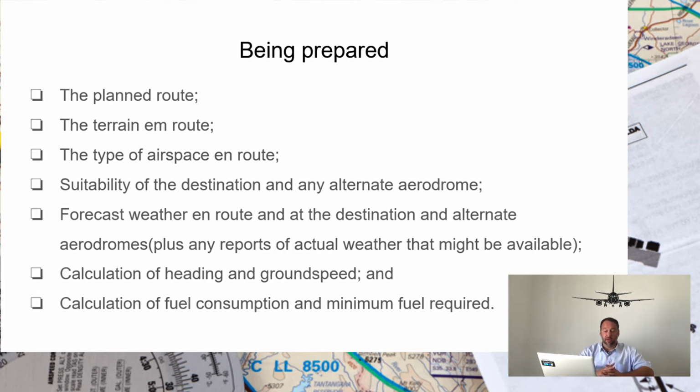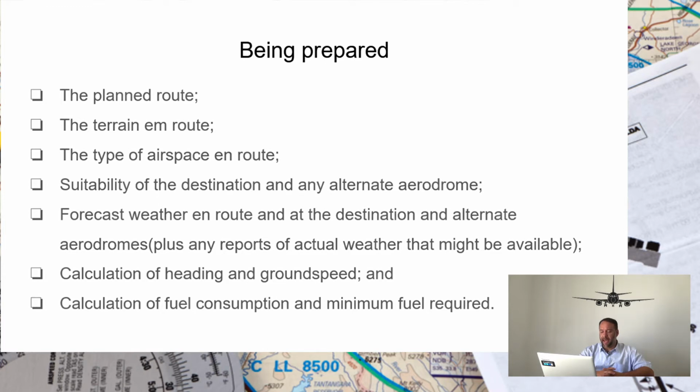Forecast weather en route and at the destination and alternate aerodromes, plus any reports of actual weather that might be available. All right, you gotta know the weather on your route, on your path.